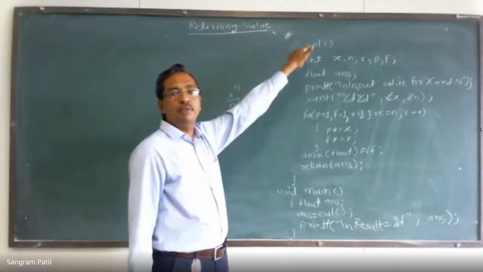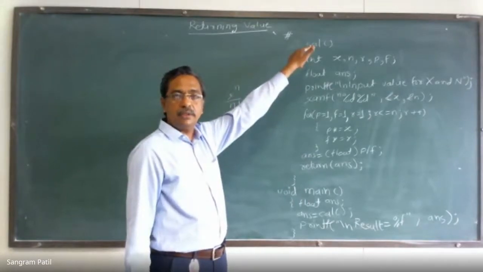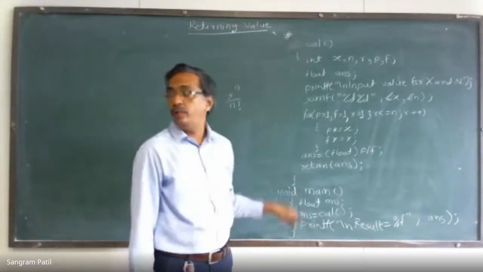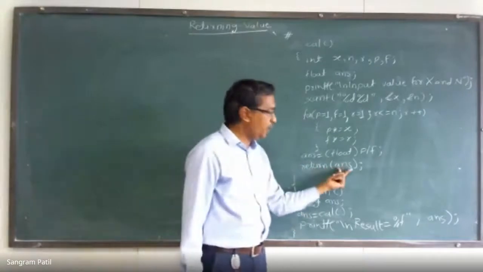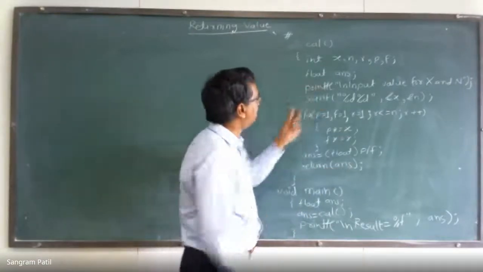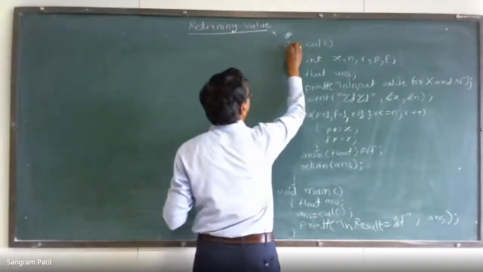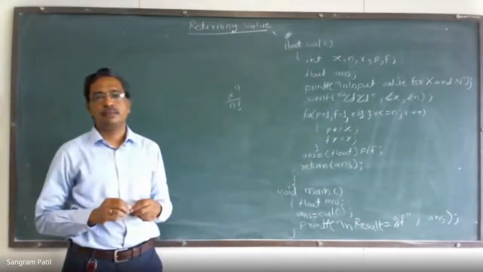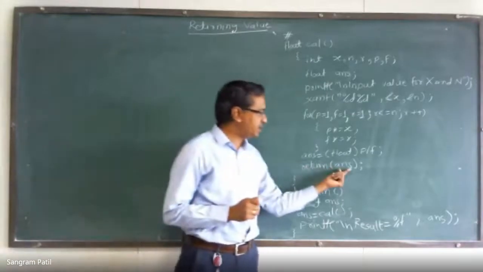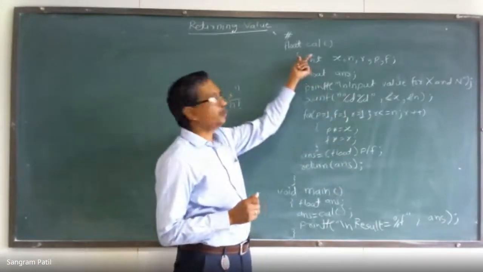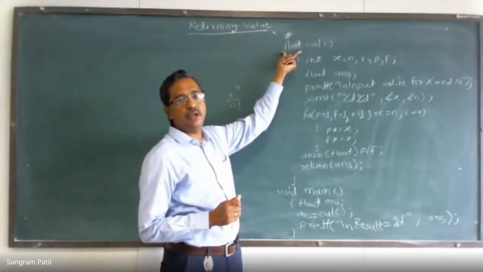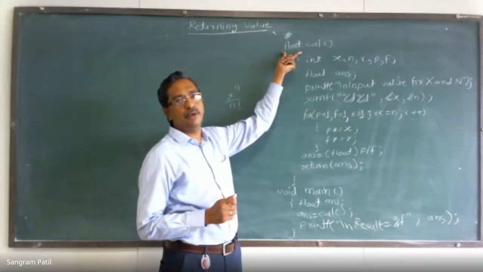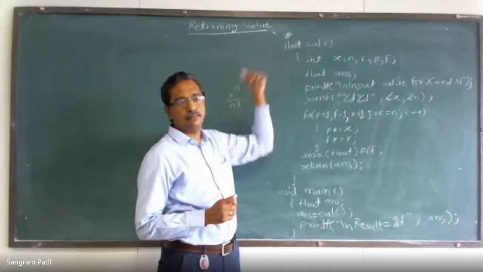So instead of void, we have to mention the data type of the variable whose value we are returning. We are returning the value of answer and answer is float. So we have to write float cal, because we are returning the value of answer and the type of answer is float. So we have to mention float here instead of void. Check this.